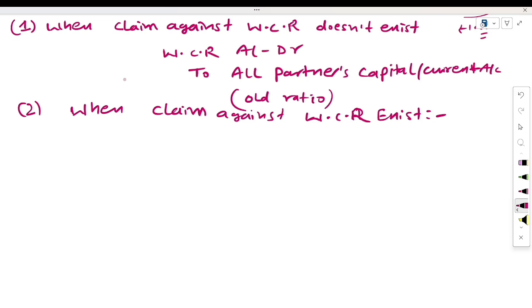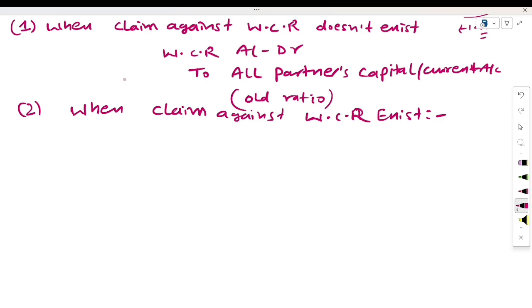The first is when the workmen compensation claim amount is equal to the reserve amount. The second is when the claim amount is less than the reserve amount. And the third is when the claim amount is more than the reserve amount.